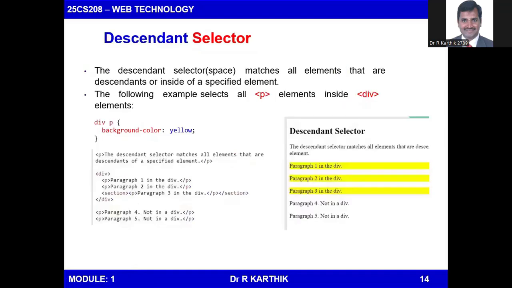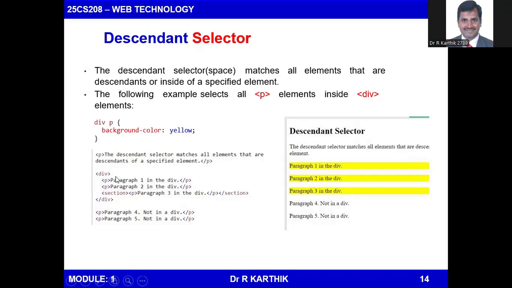Then next one is called the descendant selector. The descendant selector selects elements that are inside another element, and it uses a space between selectors. Here you can see div, then selector p, background color colon yellow. In this code, we have written paragraph p1, paragraph p2, and in the division, the first 3 lines come under this division tag.